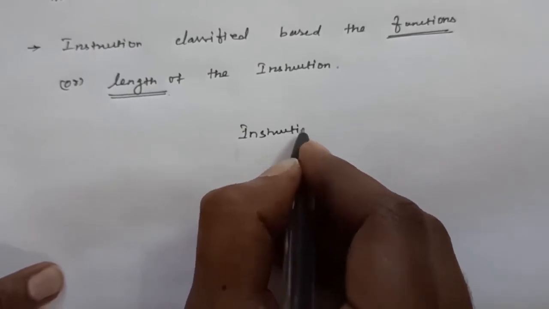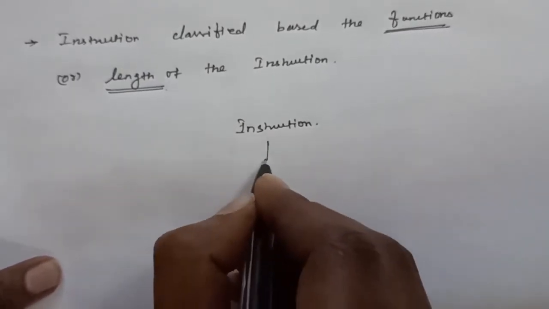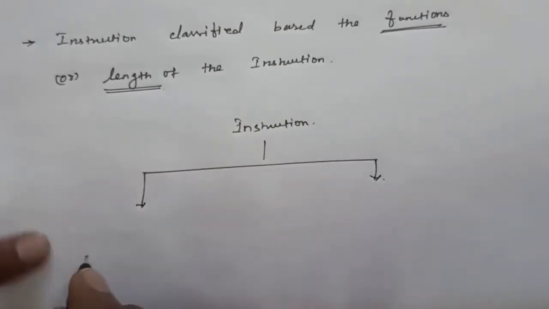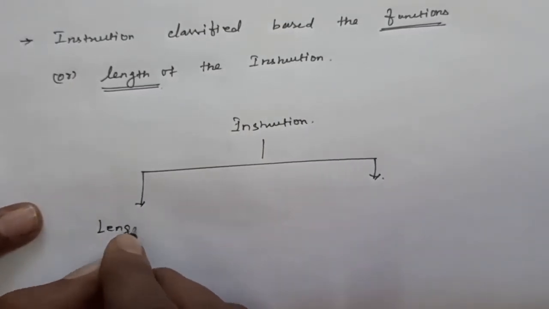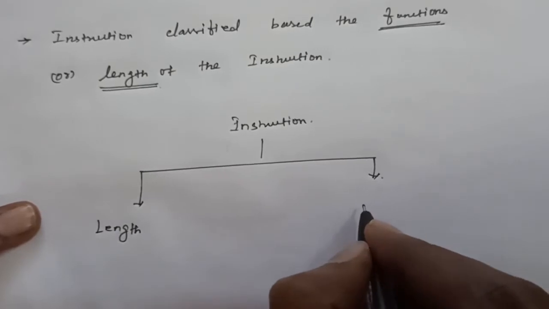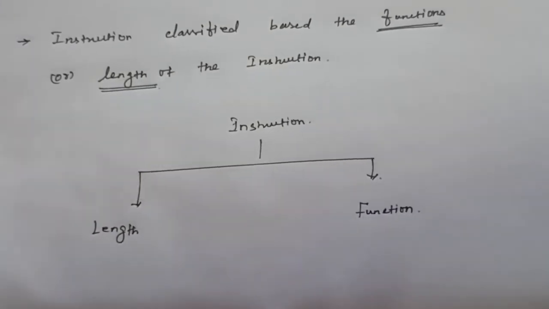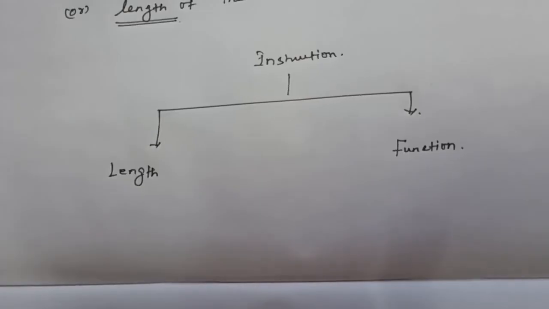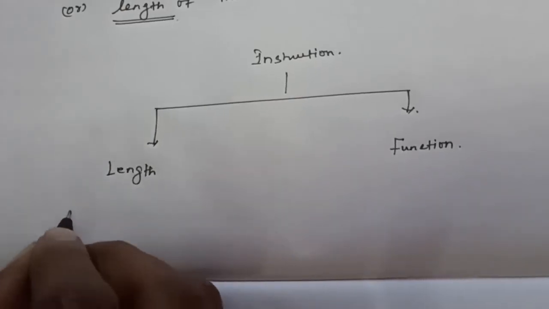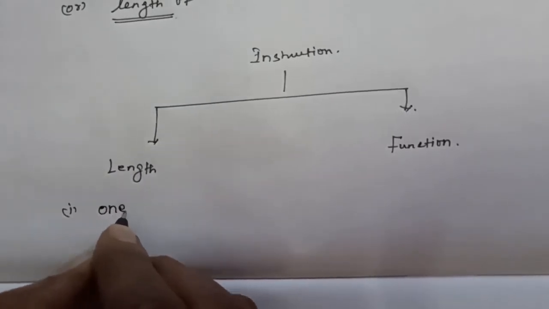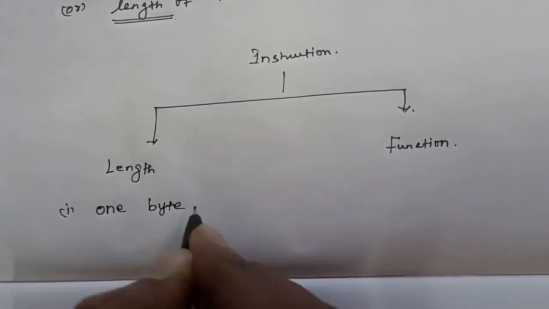So instructions are basically classified into two types. One is based on the length and another one is based on the function. Okay, based on the length we can split in three types.